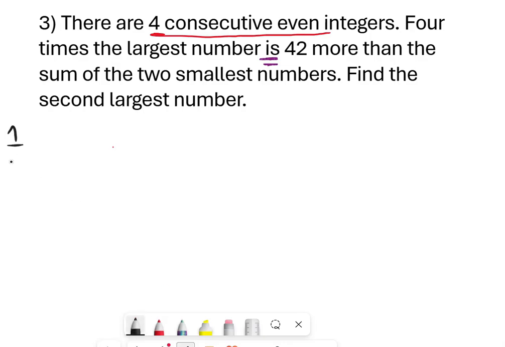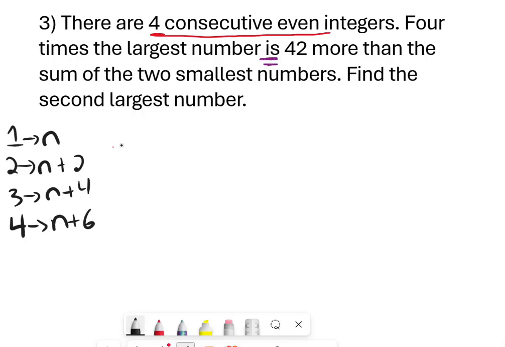First, let's identify our numbers. And we know there are 4 consecutive even integers. The first one we don't know, so we're going to call that n. The next one is going to be n plus 2. The third one is going to be n plus 4. And the fourth one is going to be n plus 6, because consecutive evens differ by 2 every time. Now it says 4 times the largest number.